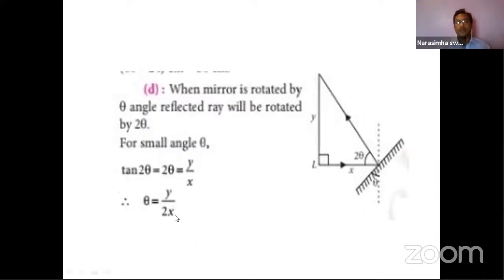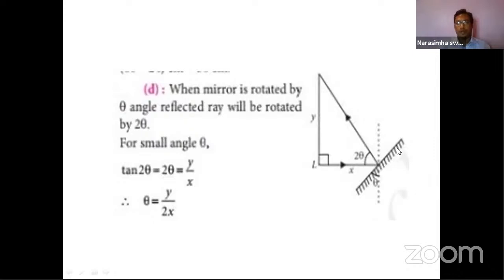Observe the diagram first. Here is the mirror. Initially it was like this. Then the source L, which is at a distance x, is incident on the mirror.